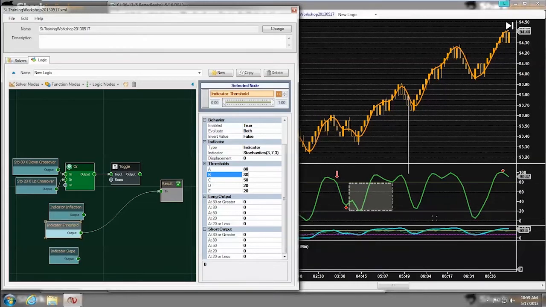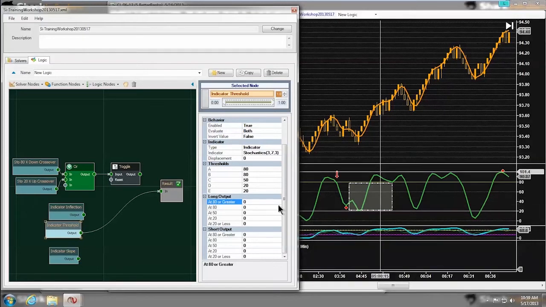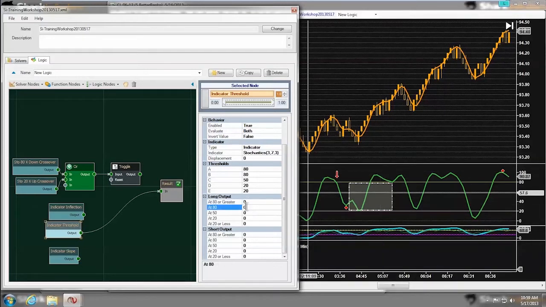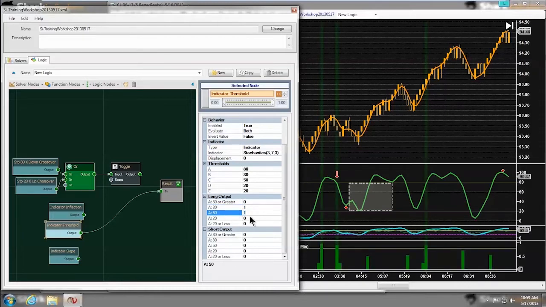And of course, when our indicator is below 20 over here, I'm not interested in this area. So when I'm at 80 or greater, I'll just leave the output at 0. But when I'm at 80, I want an output. When I'm at 50, I want an output. And when I'm at 20, I want an output.